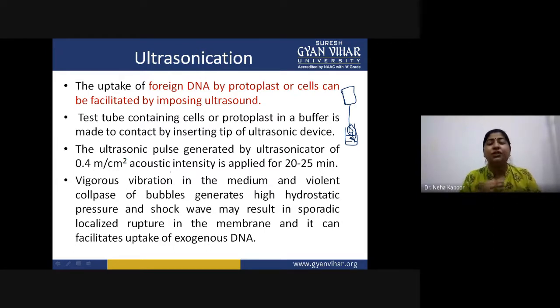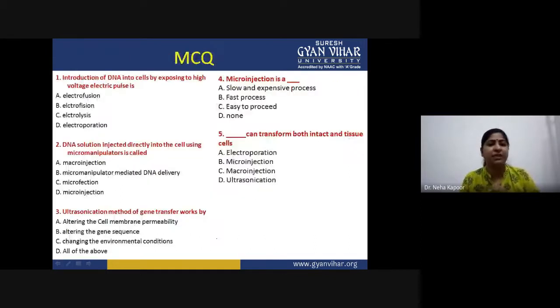Because of that, a shock wave is generated, due to which cavitation or cavity formation happens inside the cell. The membrane is ruptured, and you can easily facilitate the uptake of foreign DNA with the help of this technique.